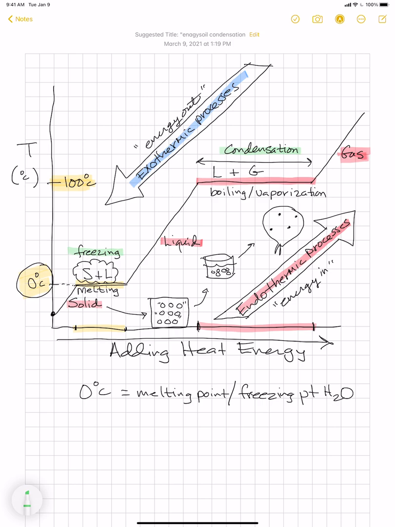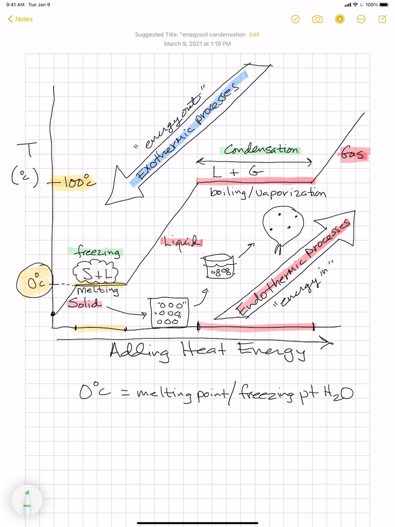And we then introduced two more terms, endothermic processes and exothermic processes. And we discussed what that means in terms of the changes of state. So this is the heating curve of water at 1 atmosphere of pressure. And guys, you're going to want to have this handy when you take your exam, because there's all different types of questions I can pull from this.